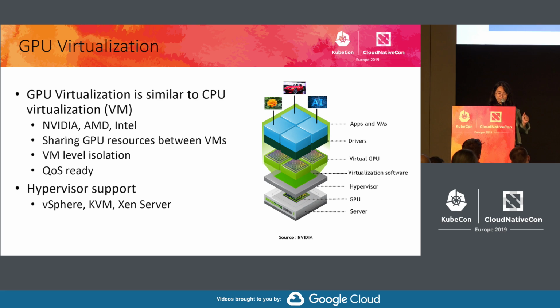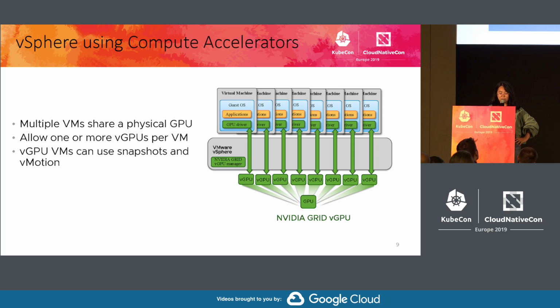Like you see in the diagram, worker VM 1 and 2 are consuming a virtual GPU with 8 gigabytes frame buffer, which is half of a physical GPU. So we label worker node 1 and worker node 2 with vGPU.type equals 8GB.